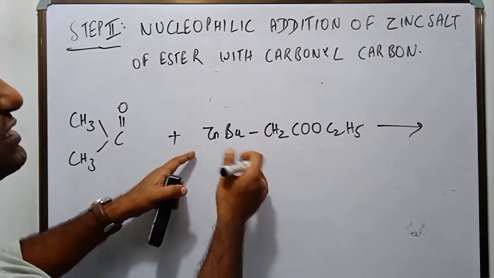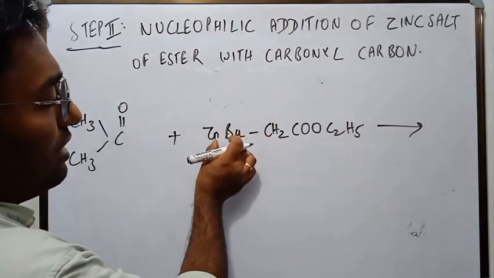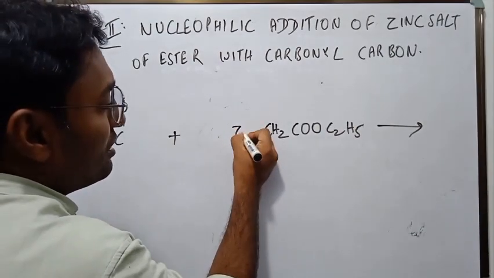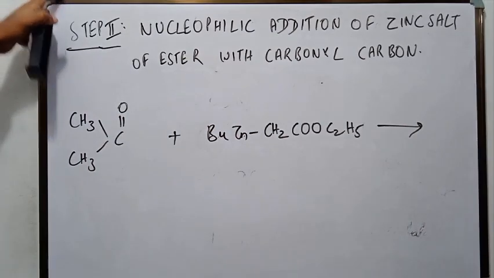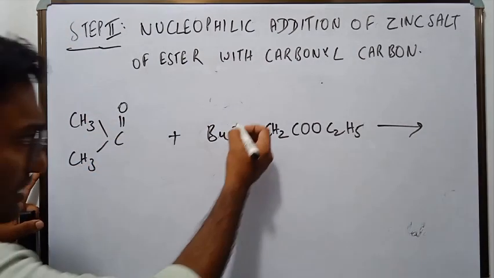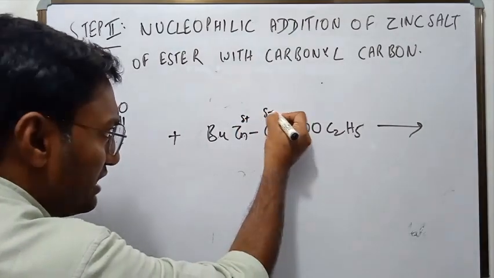So in some books carbon zinc enolate has been demonstrated, so I am going to demonstrate that first. So this is the first, this is the second. Now look at this. This side is positive, this side is negative.